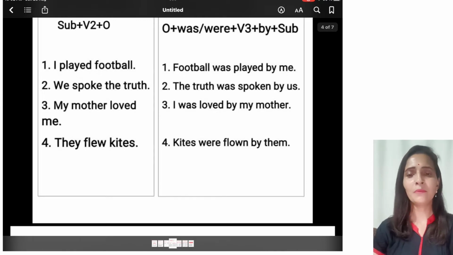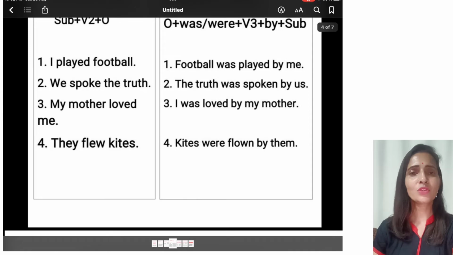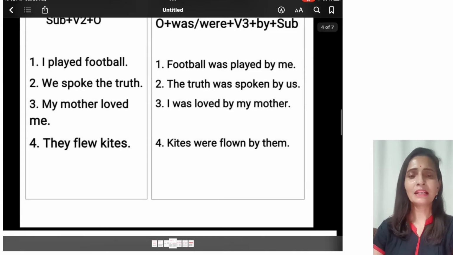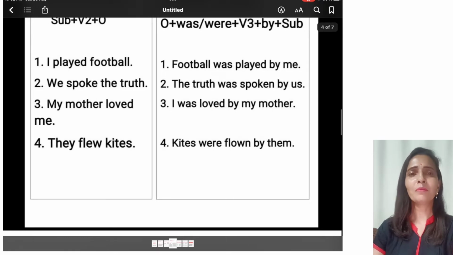Me. Okay. Second, we spoke the truth. So what is object here? Because we will change object into subject. Okay. So the truth is the object. So we will write like that. The truth. Then we will use helping verb. The truth was.